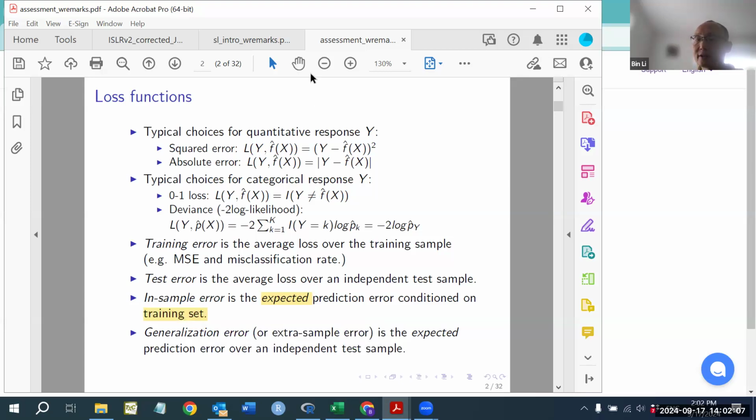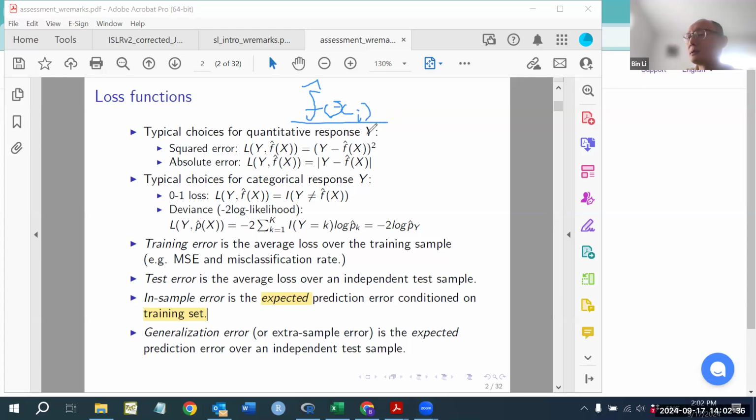Okay, so that means let's say we have a data set, we have a training set, and we fitted a model, f hat, based on the training set.